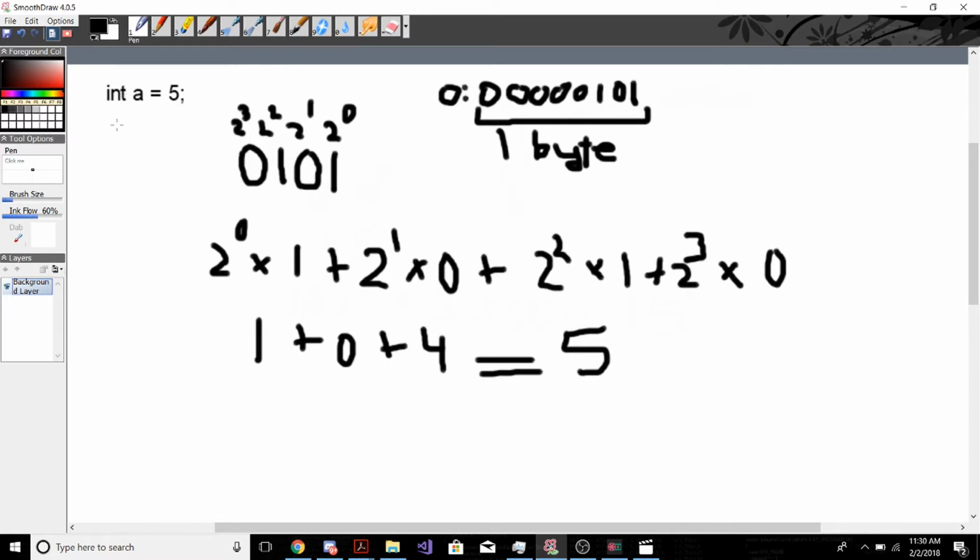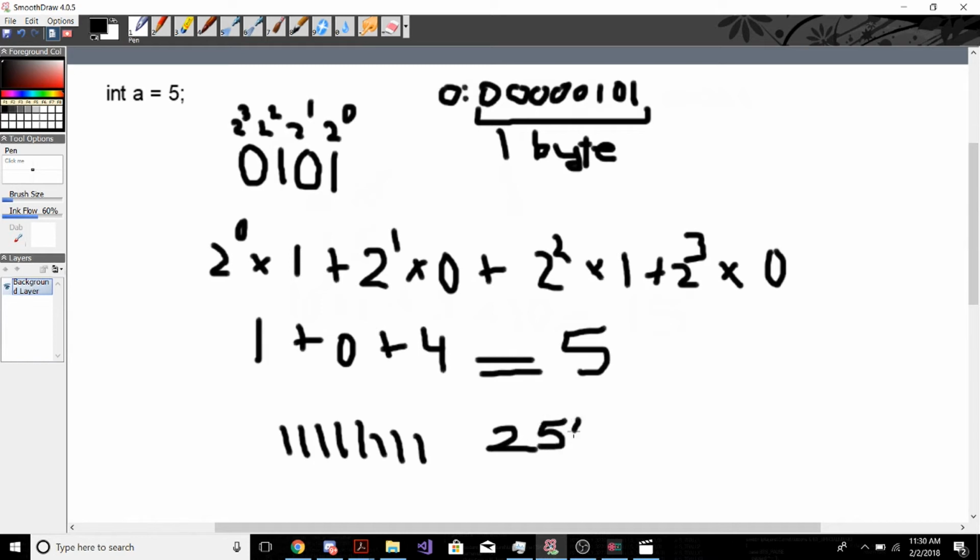So what's the maximum number you can represent with 32 bits? Well, you will know that if we turn all the bits on, if you have 8 bits right here and we turn on all the bits, the maximum value we can represent with 1 byte is 255.